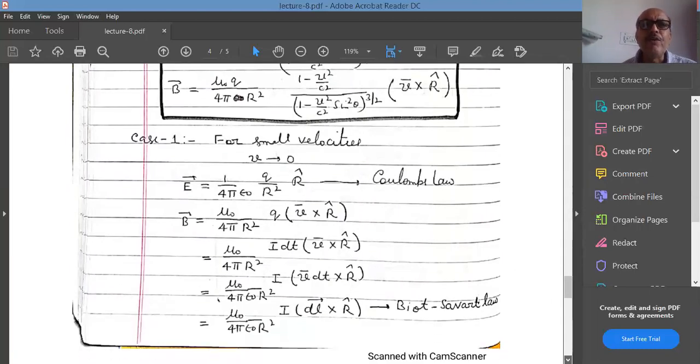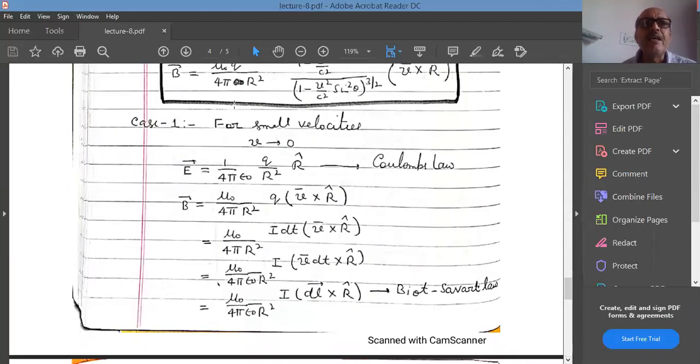Now, if you look at the magnetic field expression, it is mu 0 upon 4 pi R square, Q into V cross R cap. Q here is I into dt. You all know that if a charge Q flows in a time dt, the corresponding current is I. So we can write Q equal to I into dt.